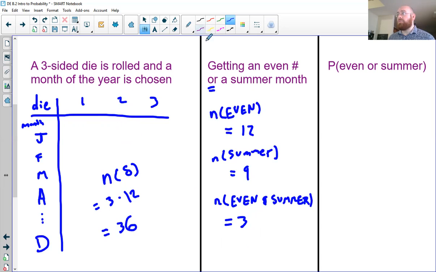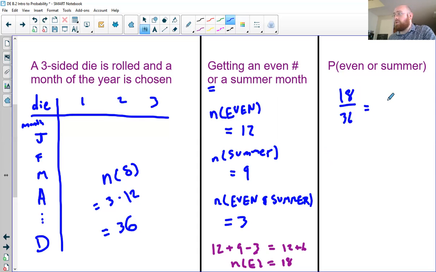So what we end up with is 12 plus 9 minus 3. This is going to be equal to 12 plus 6. So the size of our event space is 18. And so the probability that we randomly roll an even number or a month in the summer is 18 over 36, which also reduces to 1/2. It might be surprising that the probability is so high, but as it turns out, it is.